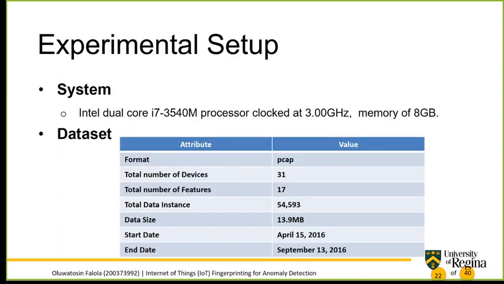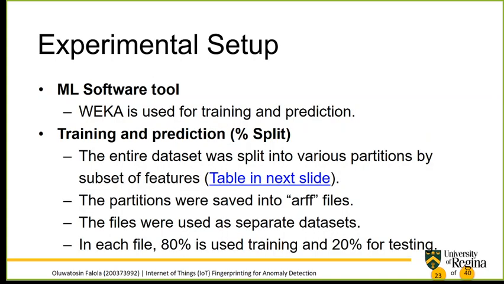This is my experimental setup. The machine learning tool I used majorly for this research was Weka. In Weka, there are different ways of training algorithms, but the one I chose was training and prediction by percentage split.